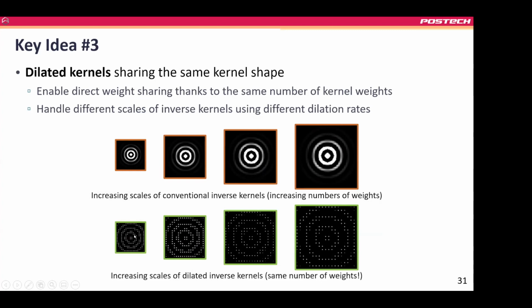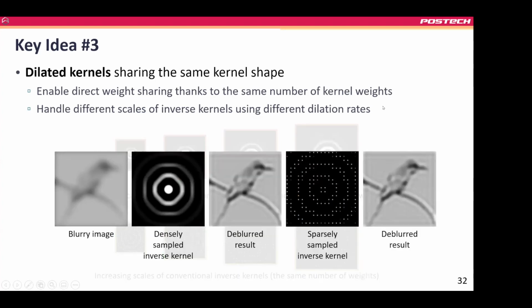That means by having this dilated corner with the same weight but different scale, we can represent the same inverse corner but with different scale very easily. Okay, then here, this example shows that this is a sampled inverse corner with a larger scale, and that this is like a spatially sampled inverse corner with this larger scale. But when we apply these two, this one and this one, to this input, we obtain very similar deblur results. That means this dilated corner is enough to deblur this given input blurry image.